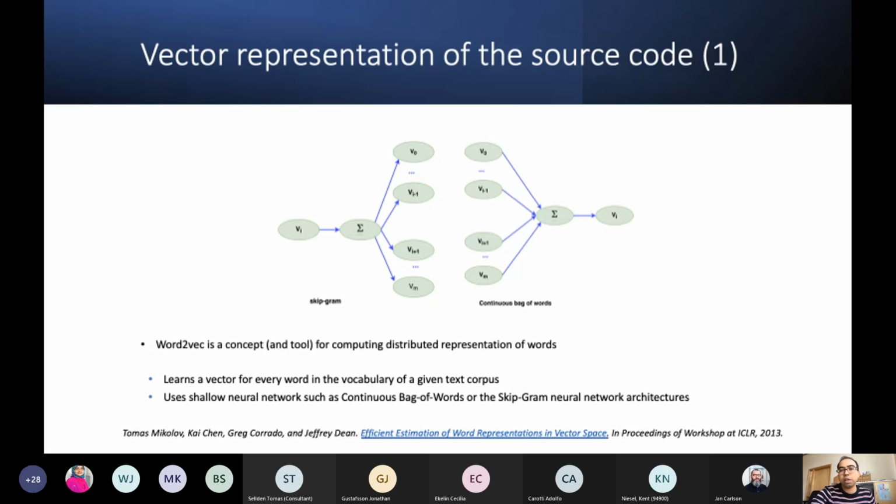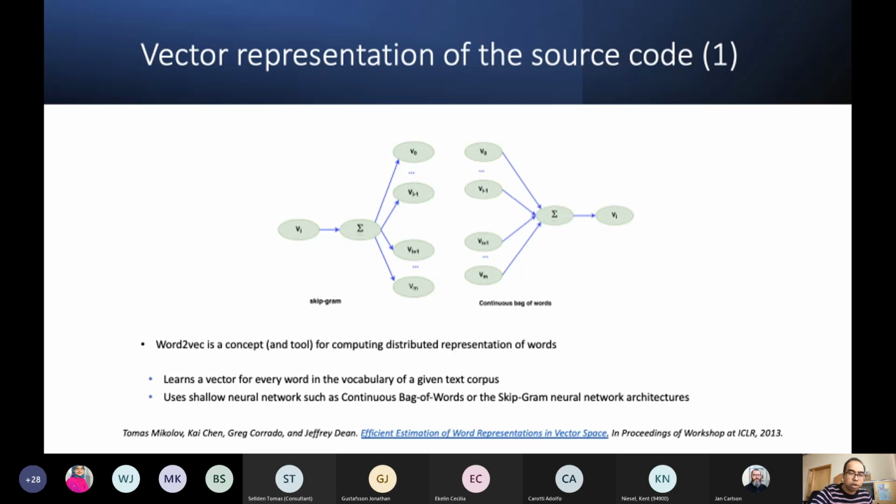Such natural language information is transformed into vectors using successful techniques that are used in natural language processing, for example, word2vec. Word2vec is a technique developed by Google in 2013 that learns distributed vector representations of words using shallow neural networks.